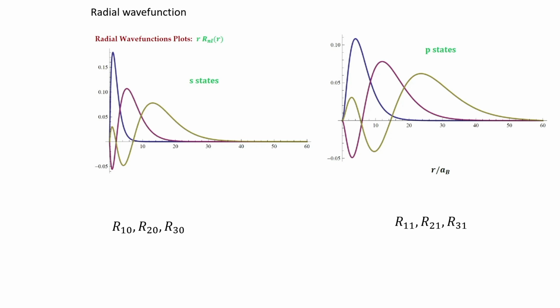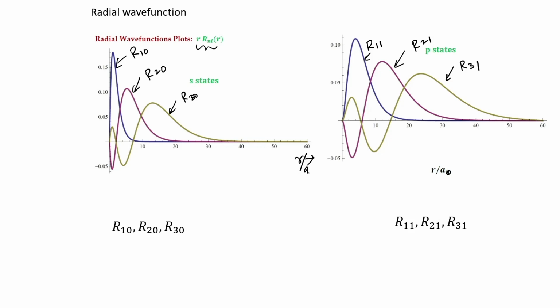So, you see this is the R10 state, this is the R20 state, and this is the R30 state, and these are the P states, like the R11 state, then the R21 state, and the R31 state. It is plotted, this is the radial part, that is Rnl, multiplied by r, plotted as a function of r in terms of the Bohr radius, which you can call a0.